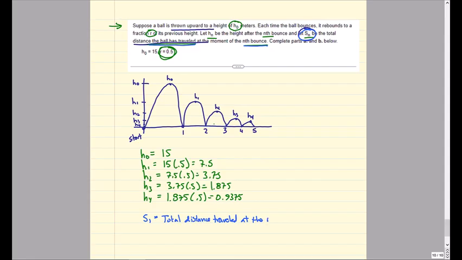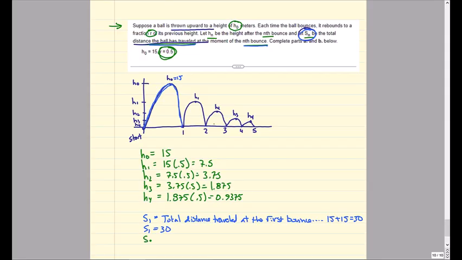That means we have to follow our picture to see what's going on. Our height was 15, so I'd have 15 throwing upward and then another 15 coming down when it hits. So S of 1 would equal 15 plus 15, or 30. So S sub 1 is equal to 30.